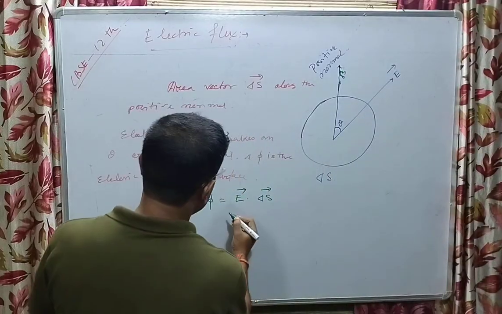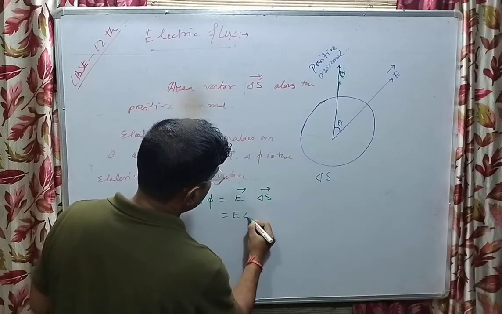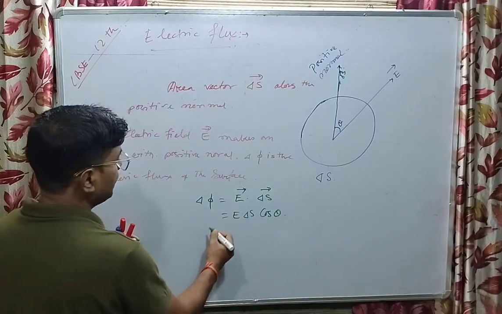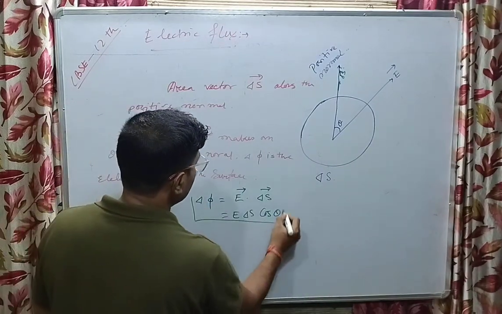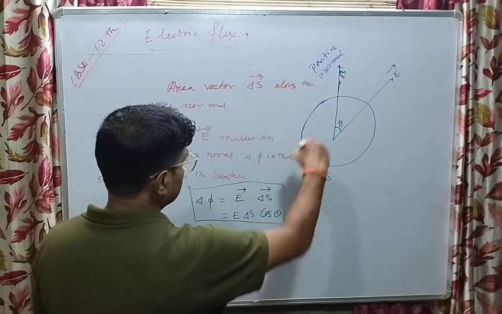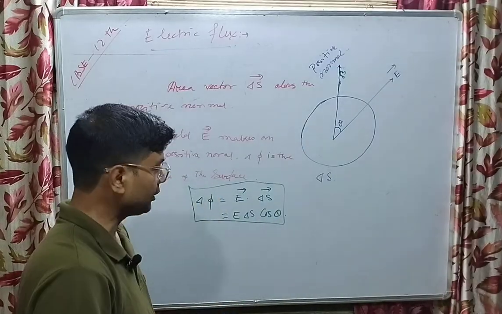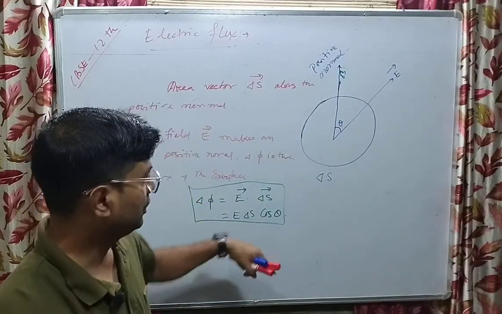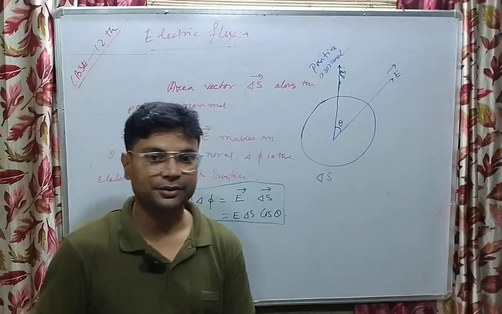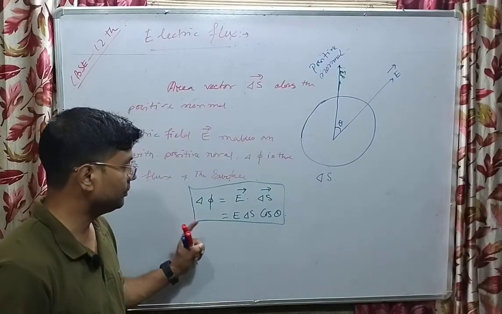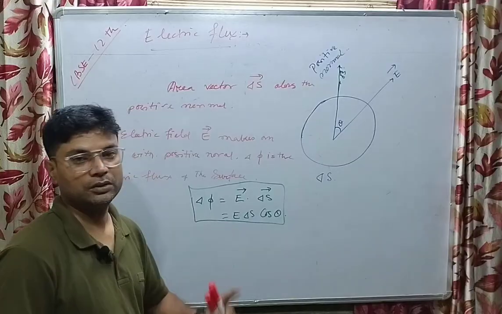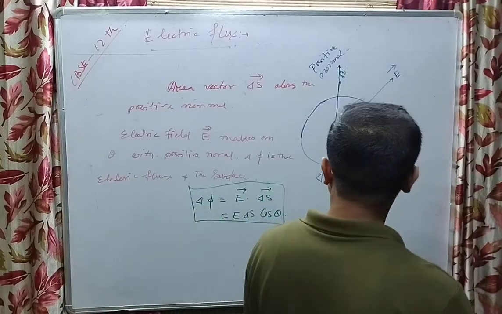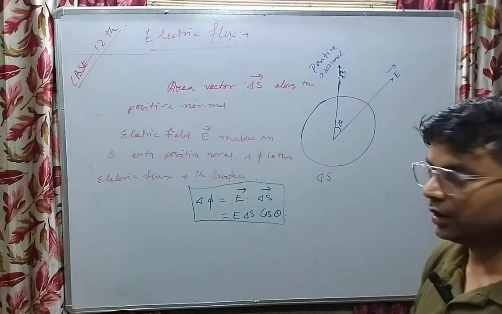This gives E delta S cos theta. This is the amount of electric flux that passes through the surface delta S. You can calculate it using this expression.